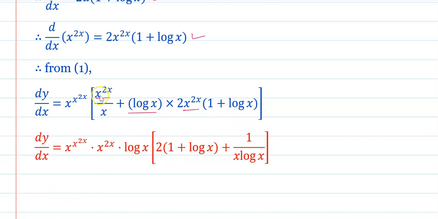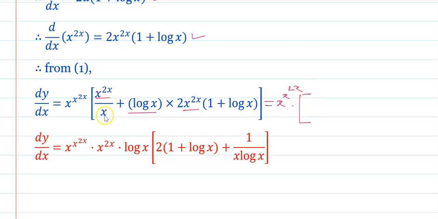What about here? Here we have x raised to 2x upon x, and there is no log term here. Therefore here we'll write 1 upon x into log x. In this way. Again I will write one more step here. What is here? x raised to 2x into in bracket.